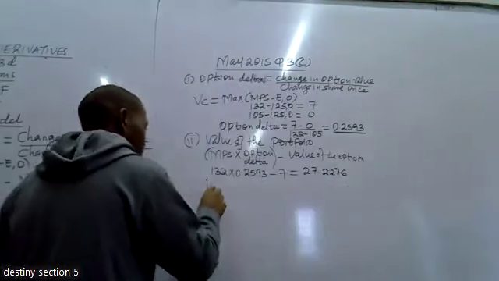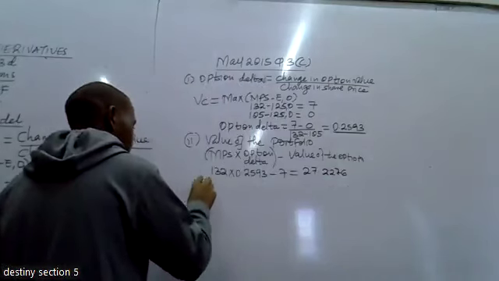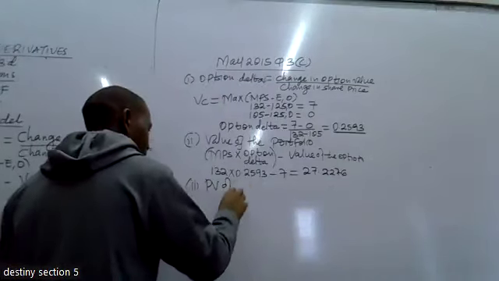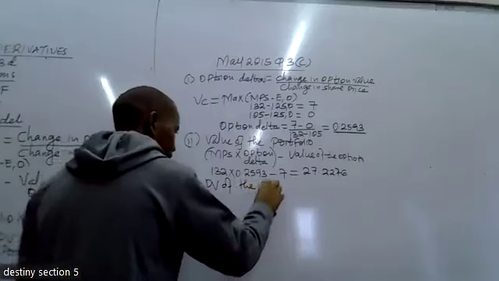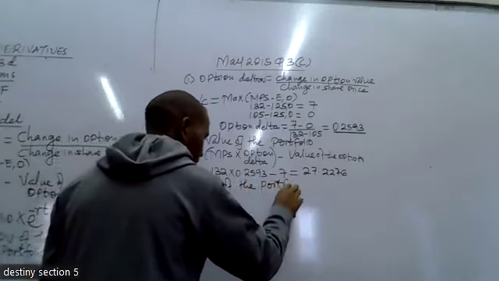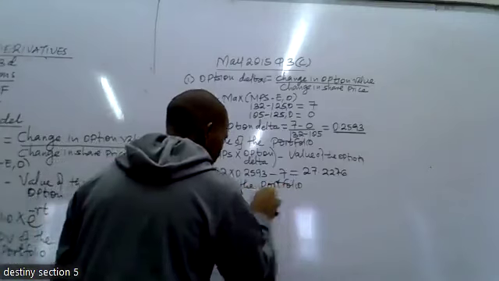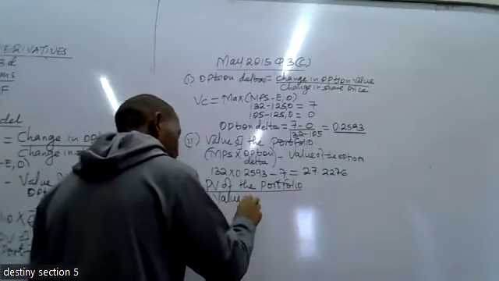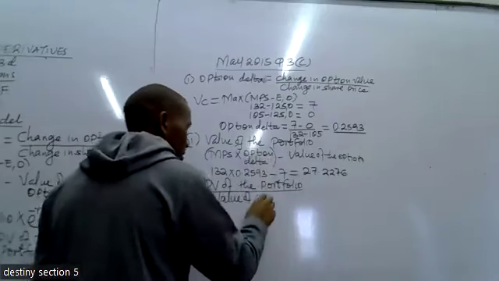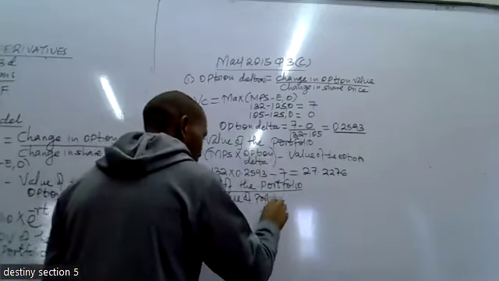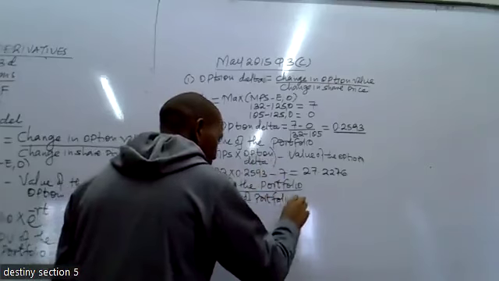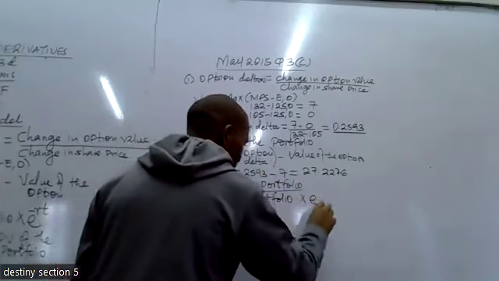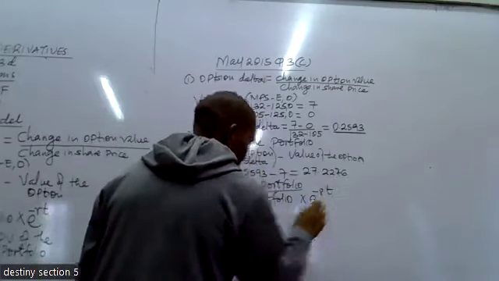From there, we look for the present value of the portfolio. The present value of the portfolio, we've said, is the value of the portfolio multiplied by exponential RT.